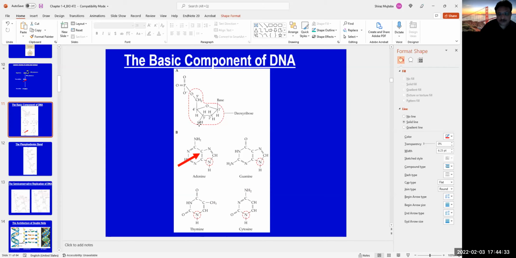Now, more sophisticated is the orientation. What do I mean by orientation? It is 5 prime, 3 prime, right? Remember I spoke yesterday that this is a sugar molecule, which is ribose, and ribose has 5 carbon atoms: 1, 2, 3, 4, and the 5th carbon atom.